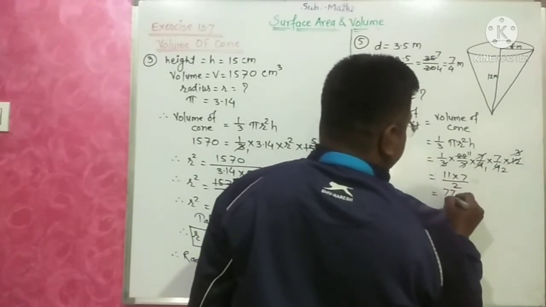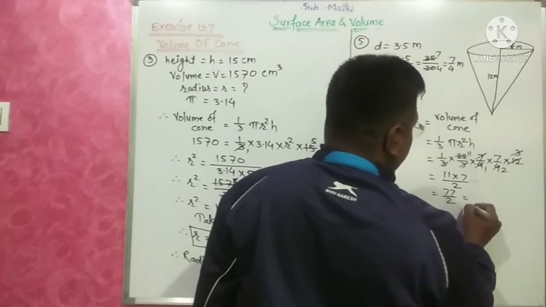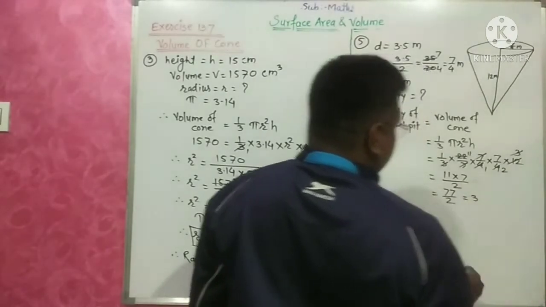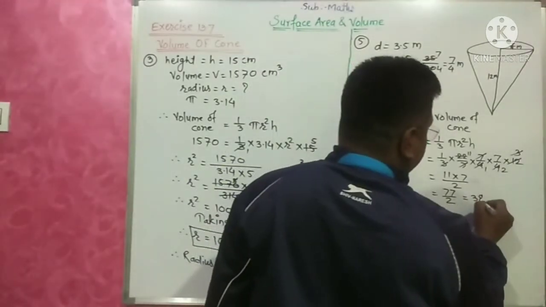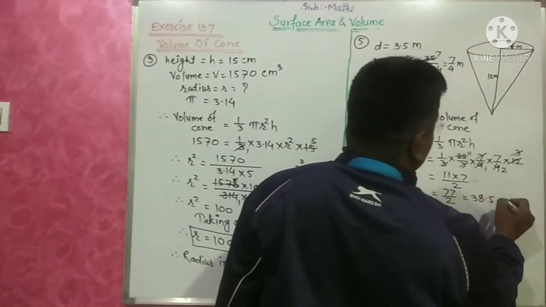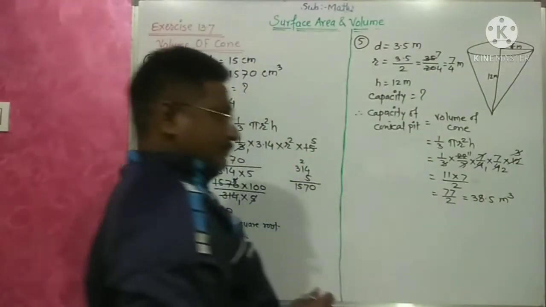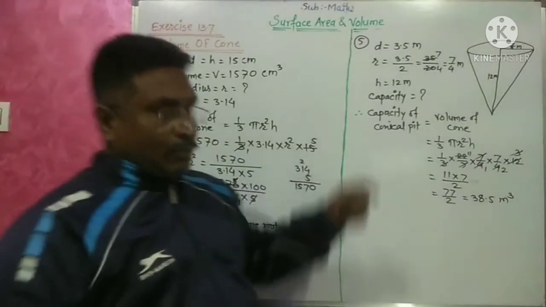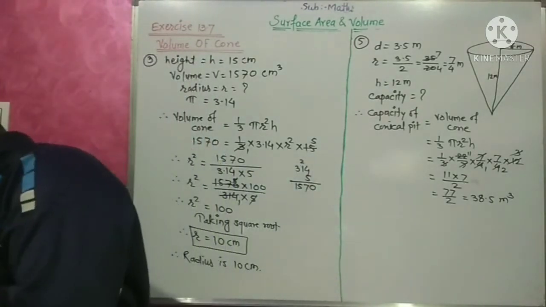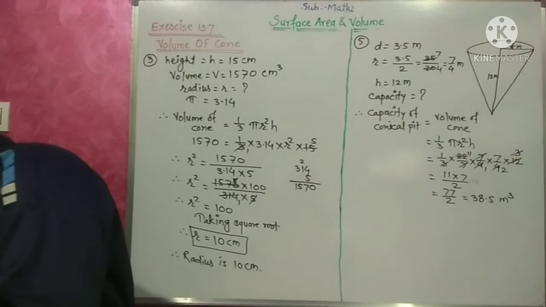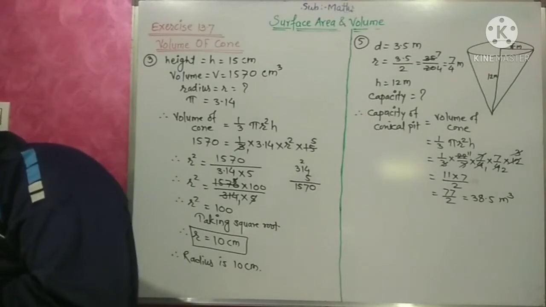So what will we get? 77 by 2 means 38.5 cubic meter. What is the capacity of the conical pit? 38.5 cubic meter.